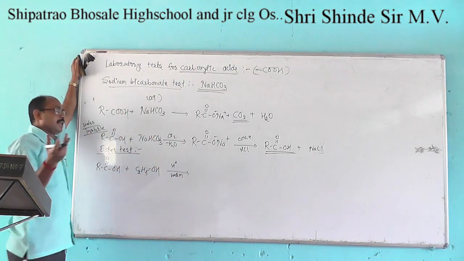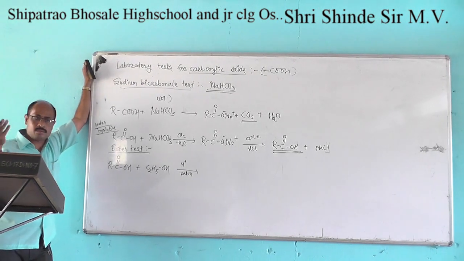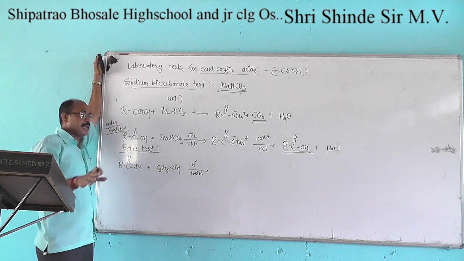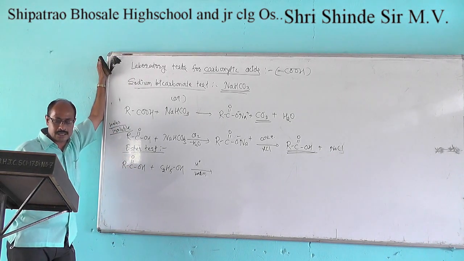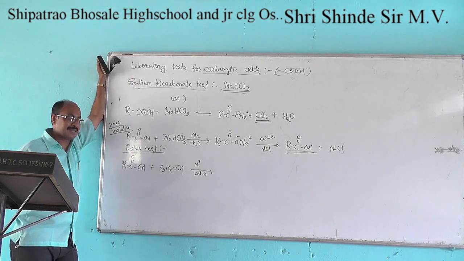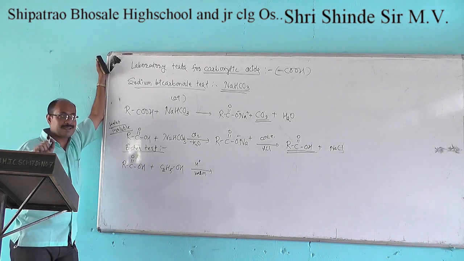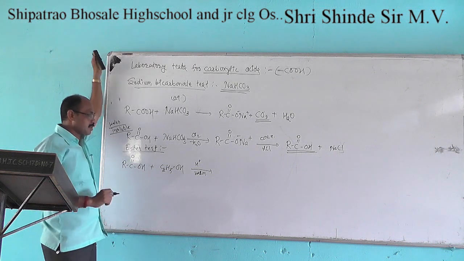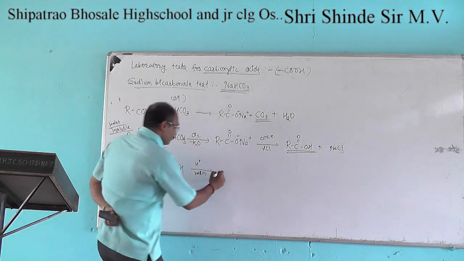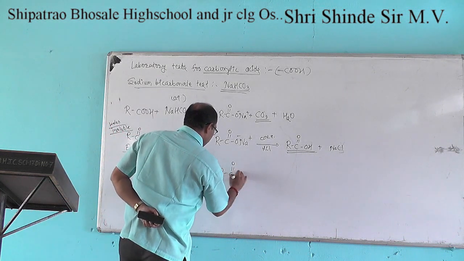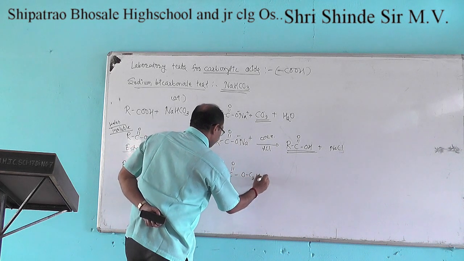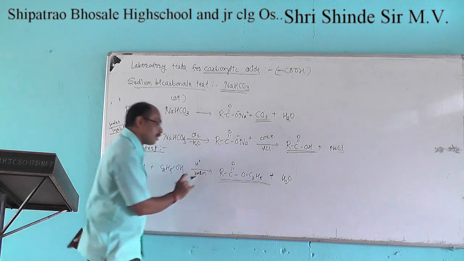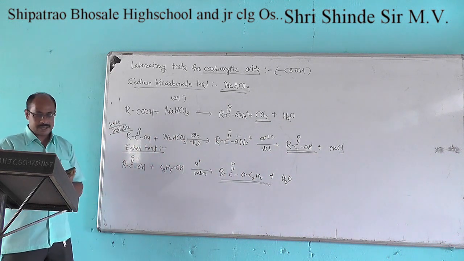After warming, this hot solution is poured into a beaker, and when we smell it, it smells like an ester. It has the fruity smell of an ester, which confirms the presence of a carboxylic acid, due to the formation of the corresponding ester.